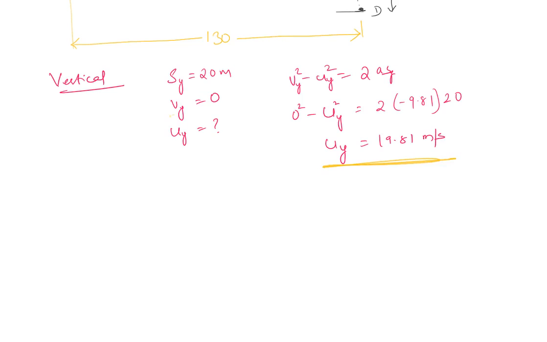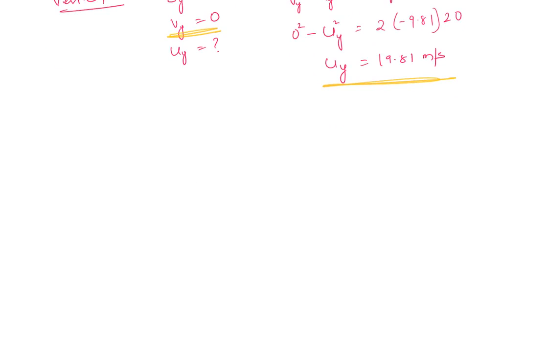Okay, so now you know the initial velocity and the final velocity. We can also find the time. So let's go ahead and get that out of the way too. v minus u is equal to at, so t is equal to v minus u over a. Because this is all vertical, I'm going to put the subscripts here.